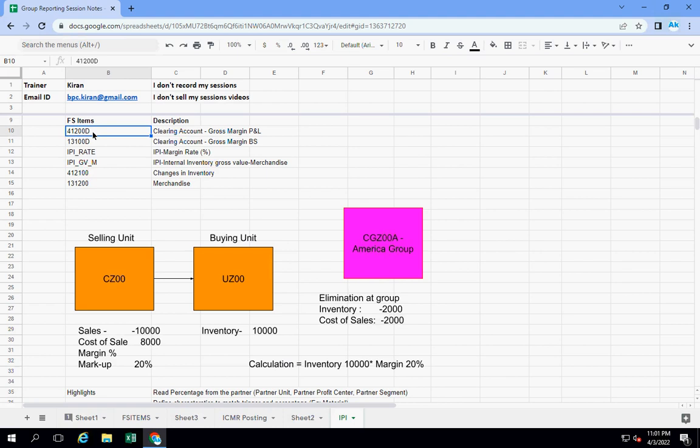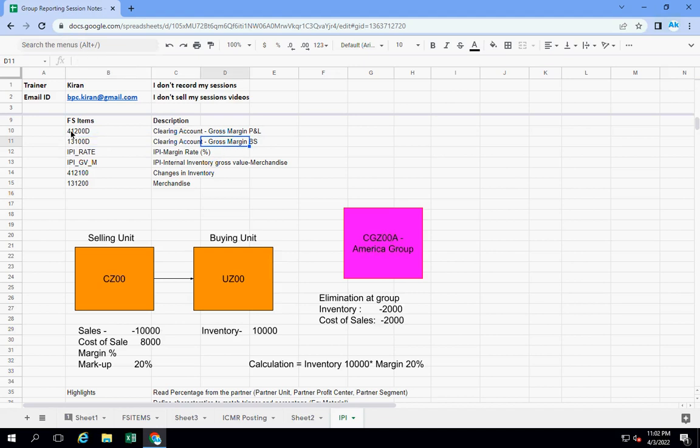These are the FS items I'm going to use. Basically 131200, which starts with 1, is my asset account: the merchandise or inventory account. Then 412100, which is a clearing account, changes in inventory. Then 41200D, which is the clearing account gross margin P&L, and 13100D, the clearing account gross margin balance sheet.